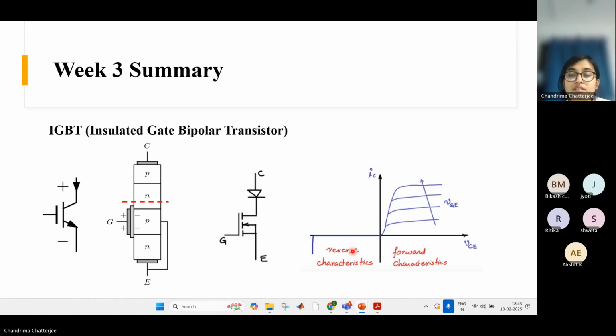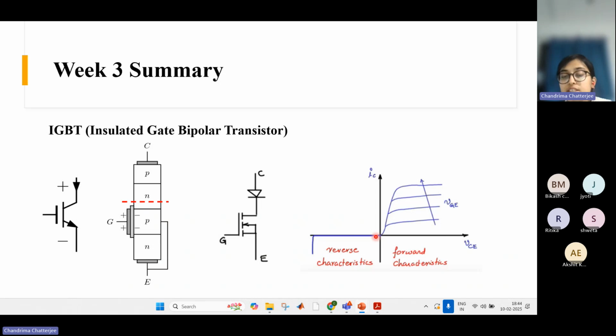Okay. And this is the static characteristic of the IGBT. So here you have V collector, and here you have the collector current, and this is more or less similar to BJT and MOSFET. So here there is this linear region. Afterwards, it becomes flat.